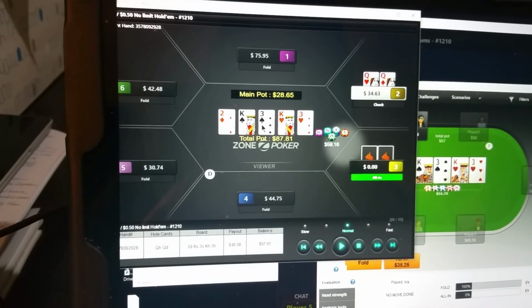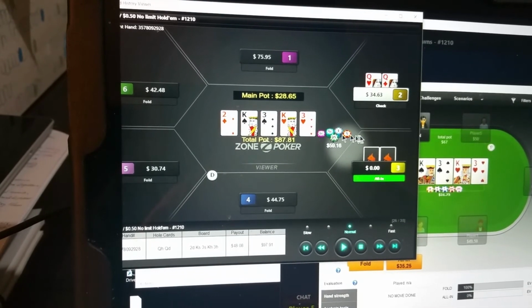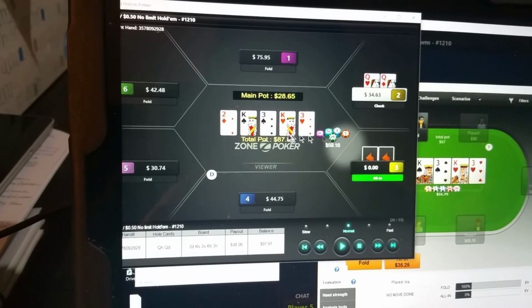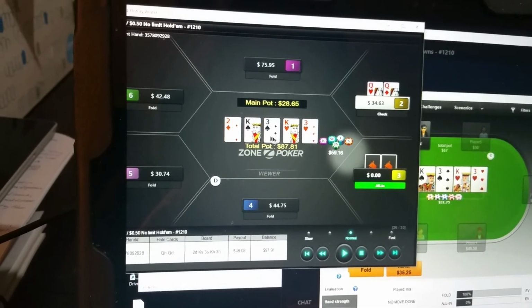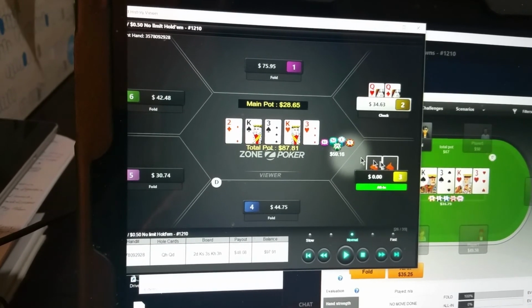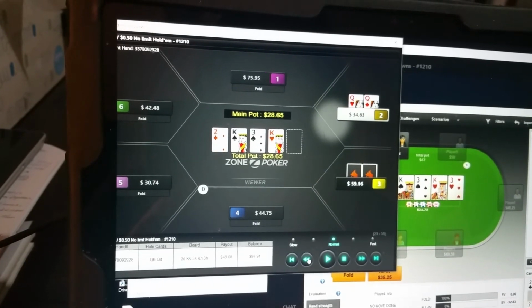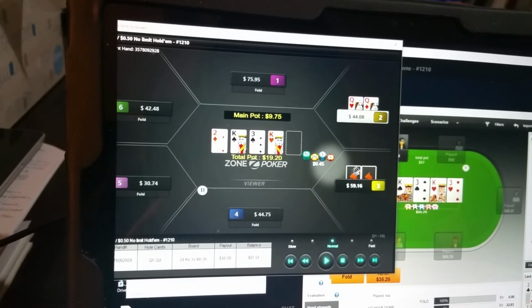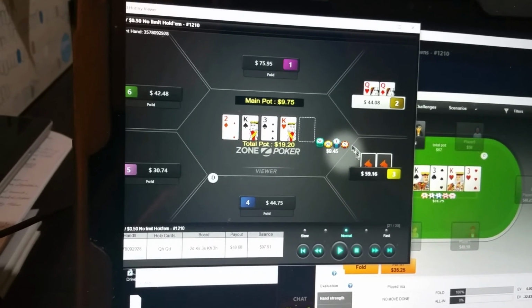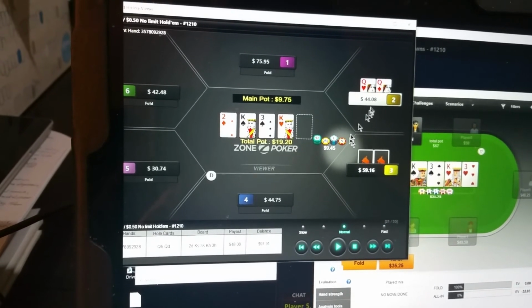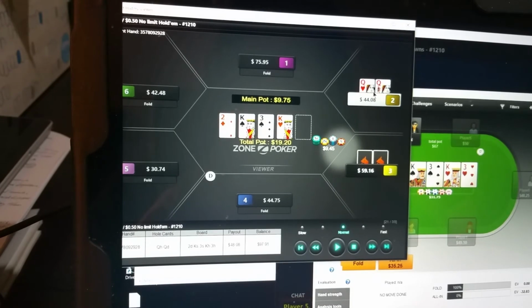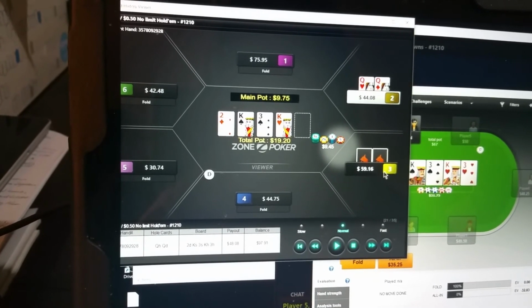But let's go back to the turn again. Due to card removal, I can still call on the turn because it's very hard for him to have a king. So my queen should still be good because I've played it as a bluff catcher.